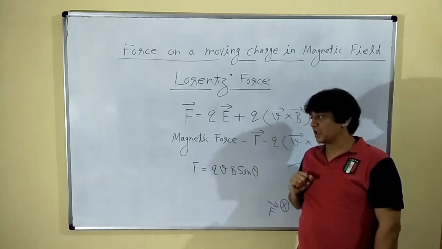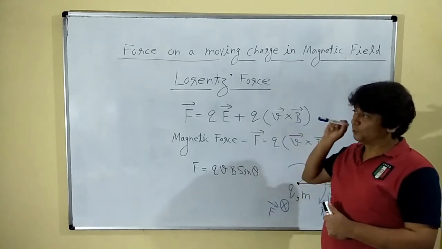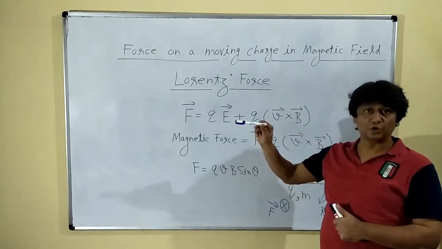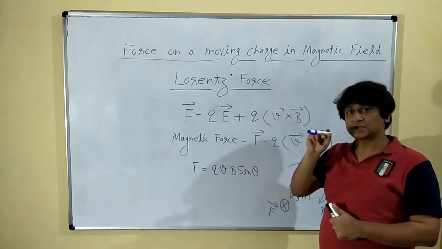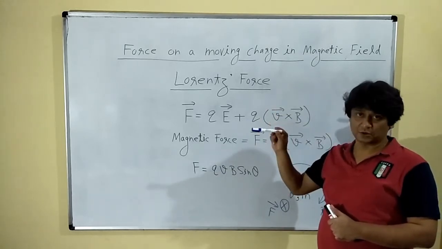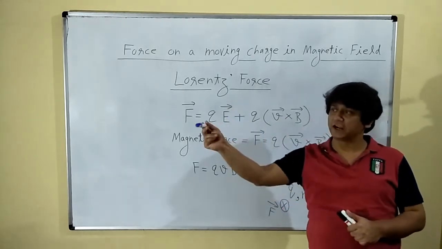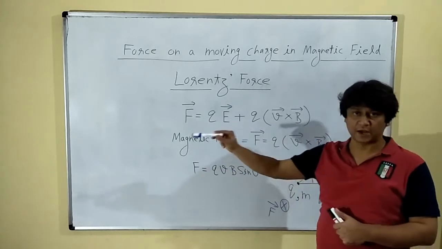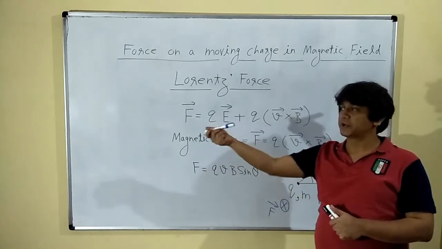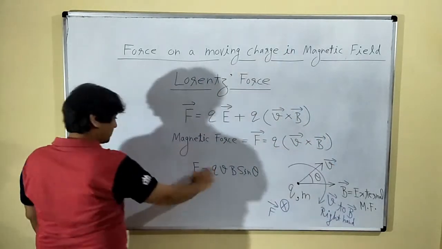Listen again. If a charge moves in this direction and you found that magnetic field is present but there is still no deflection in the path of the charge, it doesn't deviate like this. That means magnetic field is present along this line. It can be in this direction or in this direction. But as of now, just remember this format.